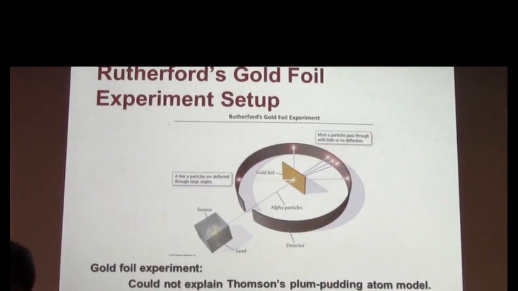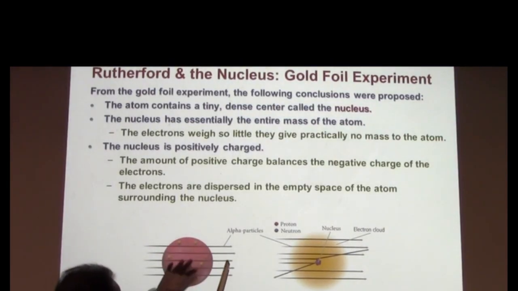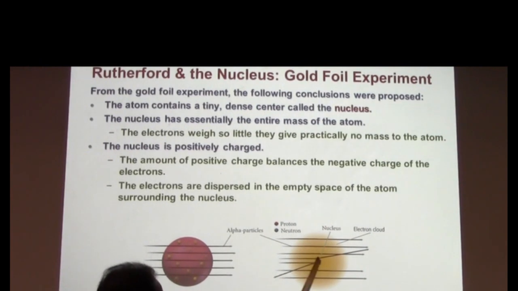So the deflection of alpha particles indicated that there is a place in the atom. This is the plum pudding model. It should pass through; electrons don't affect that much. But if you have a positive charge here, they repel.